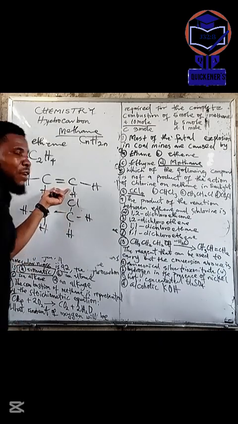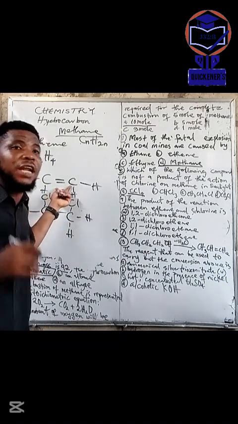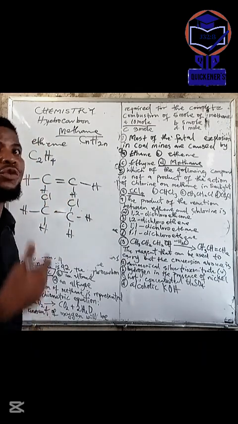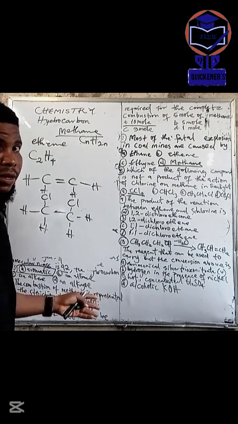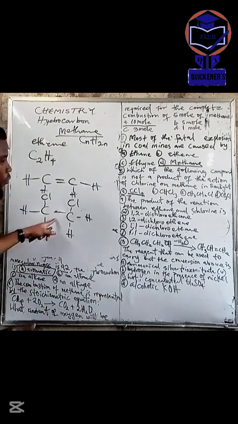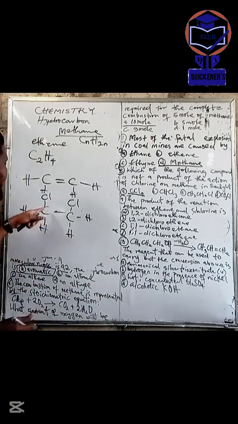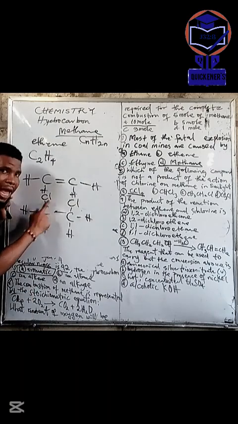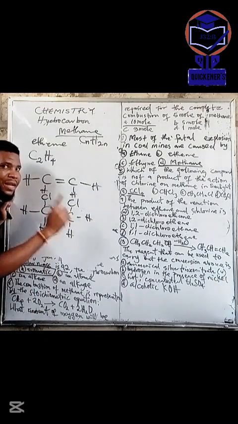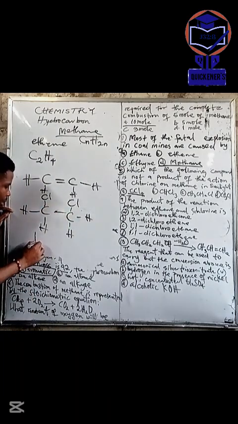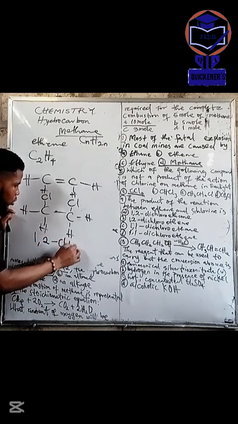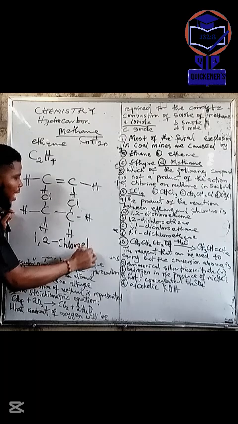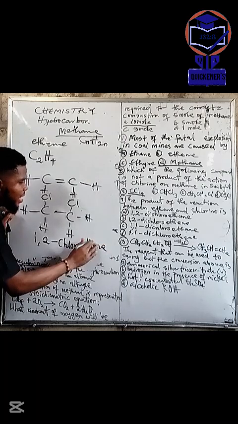This unsaturated compound, when it goes into reaction, tends to be saturated. You understand me? So that is why the bond will form something like this. And what is the name of this? Chlorine is at the first carbon and chlorine is at the second carbon. So this is 1,2-dichloroethane, not ene again.